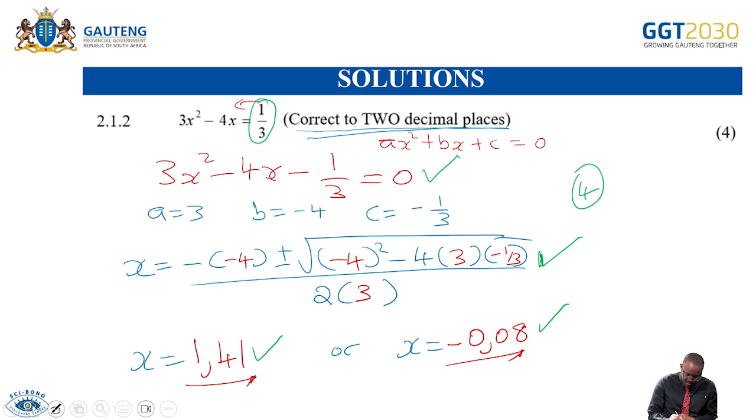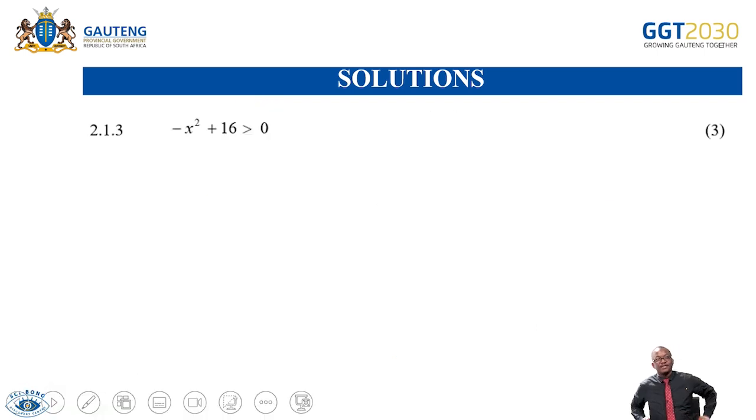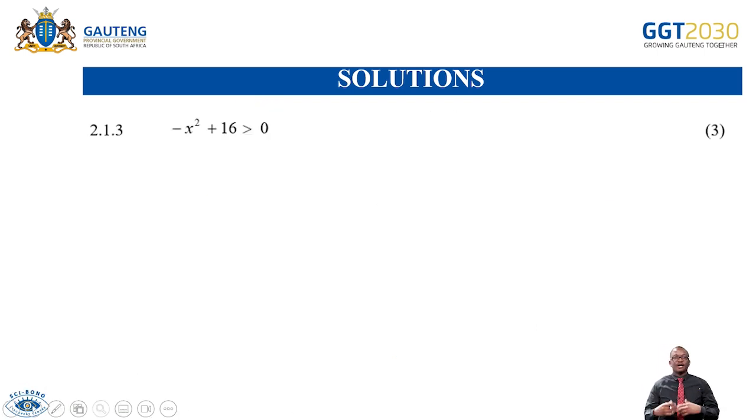Okay, now let's move forward. This is an inequality question. Remember the technique that I spoke about in the first question, activity 1. I said you must also make sure that your leading coefficient there is positive.